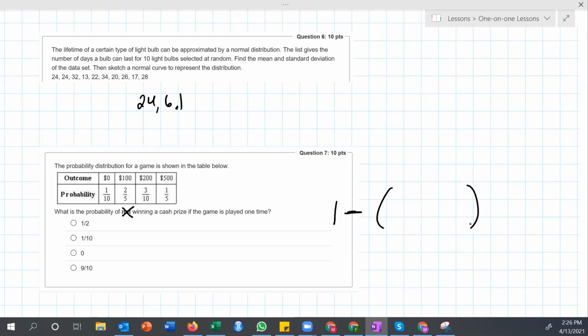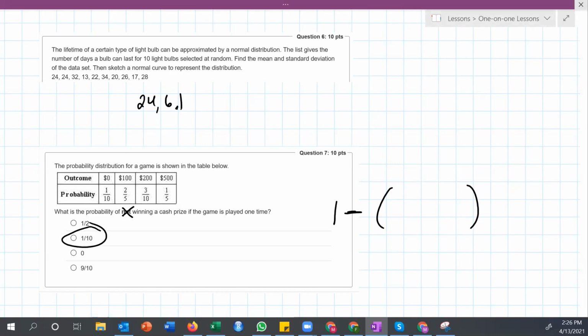Right, I'm back. What did you come up with for your answer? I get 1 over 10. Good. Now, do you see that value in the table already? Yeah, it's over here at 0, because not winning means you win 0, and you can almost just read it off. But the way we did it is a better overall strategy, that way you feel good about the answer. Definitely.